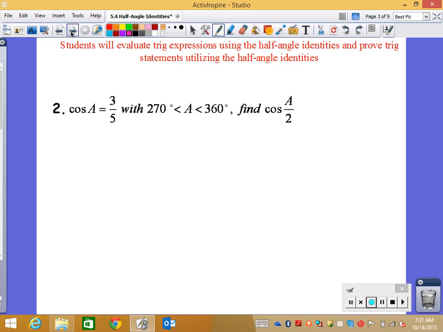Similarly, we want to find the cosine of A over 2. So let's write down my cosine half angle formula. Plus or minus the square root of 1 plus cosine A over 2. Plugging in what I know, plus or minus the square root of 1 plus 3/5 over 2. Let's do some simplifying again.